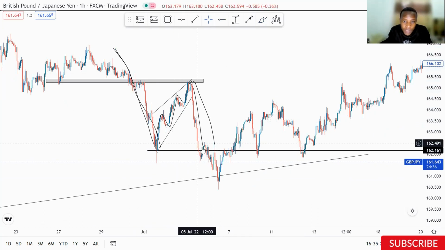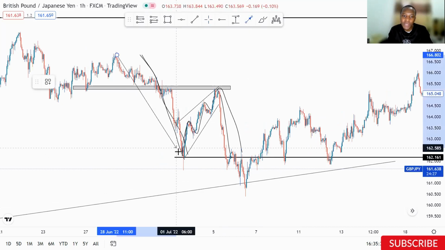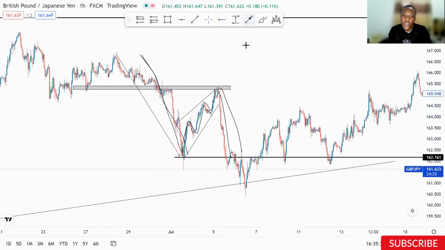This would be the 90% of this pattern, and then this would be the 100% of this pattern. And in some books you would find that they say measure the initial impulse, so that you know the length of this impulse is going to be equal to the initial one. That is just something I wanted to add, but I didn't dwell much on it. But that is what is called the 90% rule.